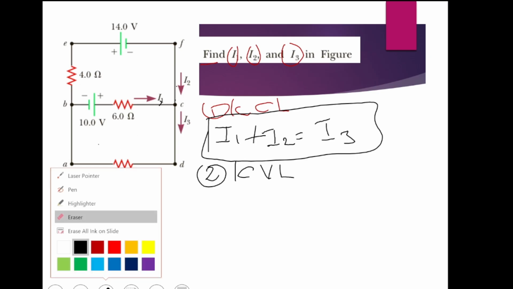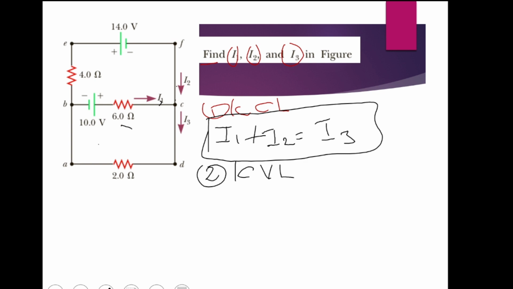Let's create this loop this way, and let's rotate that way, and let's take this one also in the same direction. We could actually put the opposite direction, it doesn't matter. The matter is the way we put the sign for each component as we move through the circuit. Now let's consider this loop 1 and this one loop 2.